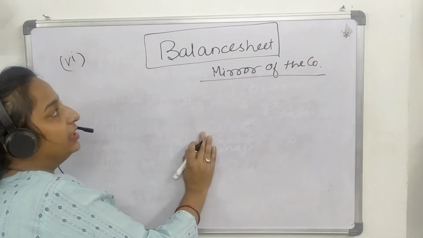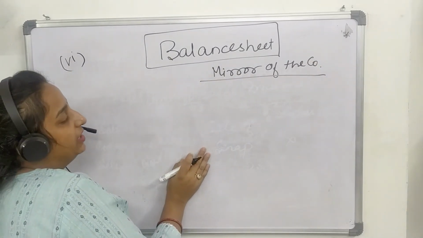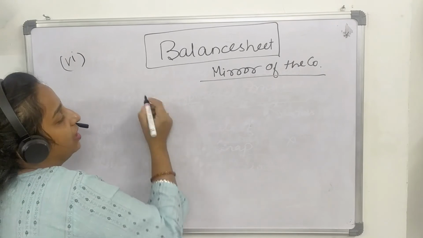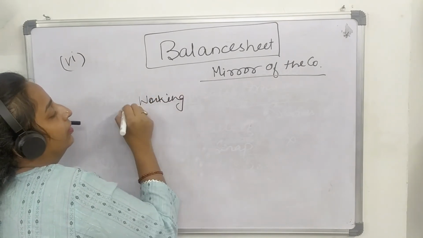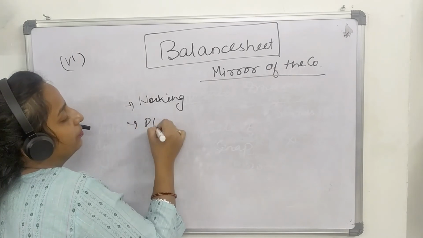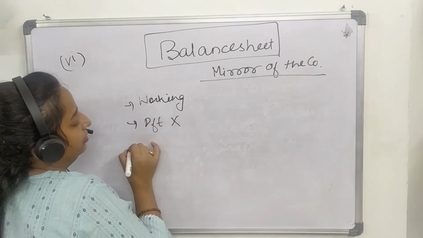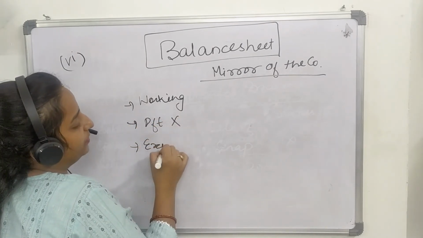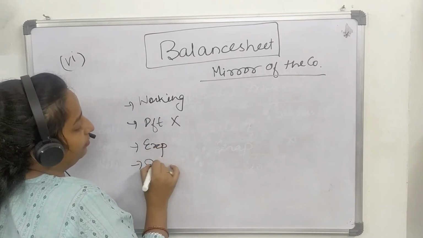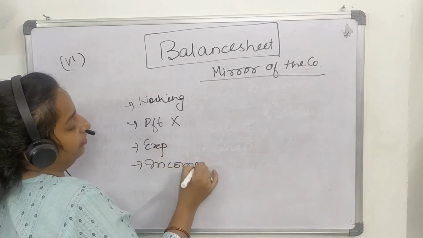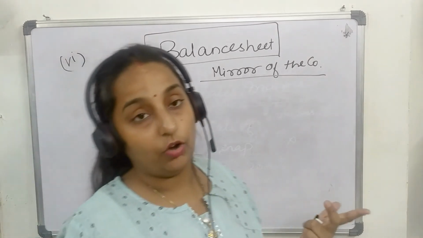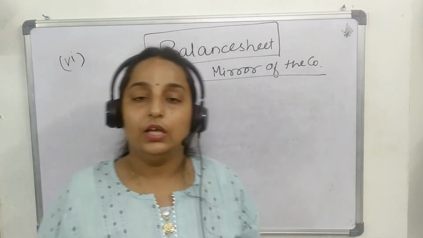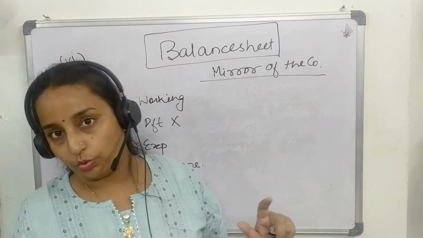By seeing the balance sheet, people can assess how the company is working, whether the company is making profit or not, what types of expenses the company is having, what type of income it is having, whether they are incurring indirect income on a large scale or they are having direct income. This is what the balance sheet shows.